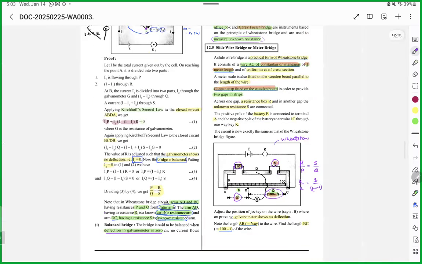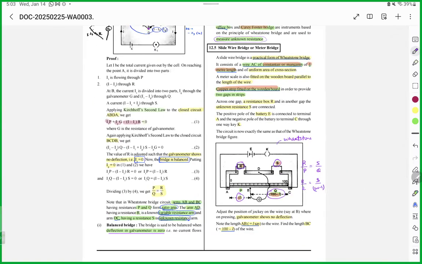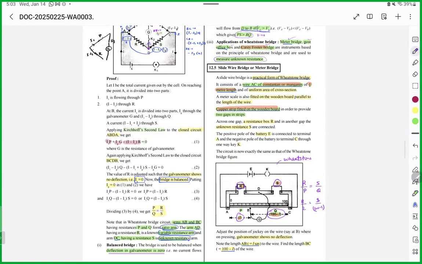Tell me, guys, understood Wheatstone bridge? A bridge which is balanced when current is 0. And if current is 0, the ratio of resistances will be equal: P by Q is equal to R by S. Done. That's all. Why did we prove the Wheatstone bridge?